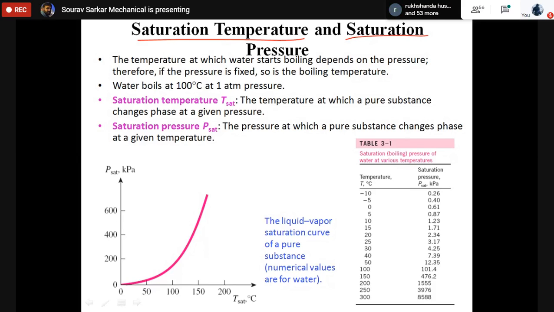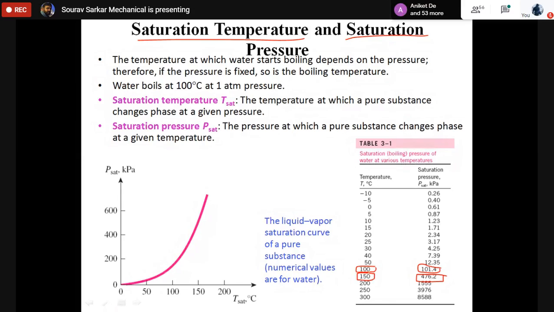If you see at saturation pressure 1 bar, your boiling point is 100 degrees Celsius. Okay, 1 bar is 100 kPa. If your pressure is around 500 kPa, your boiling point is 150 degrees Celsius. So your boiling point will change.